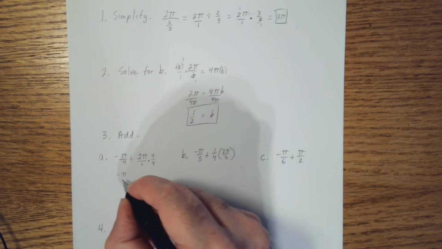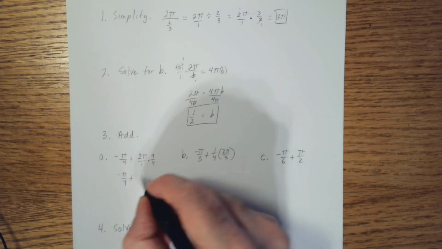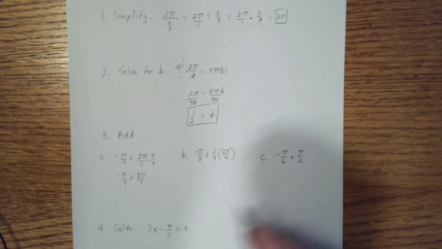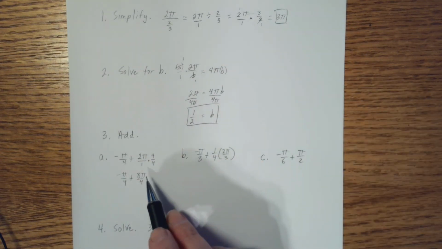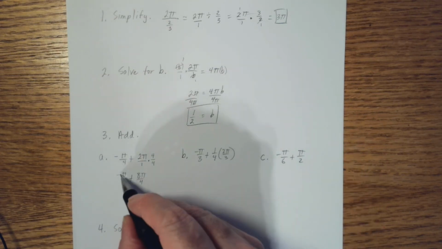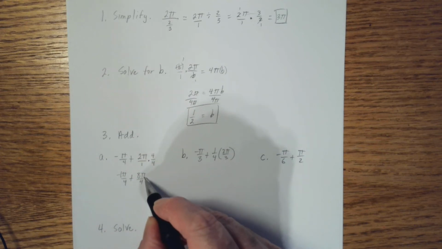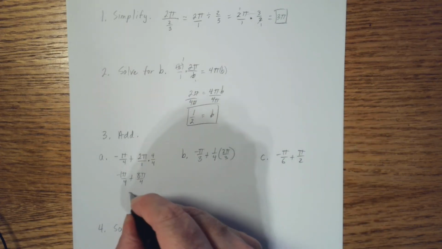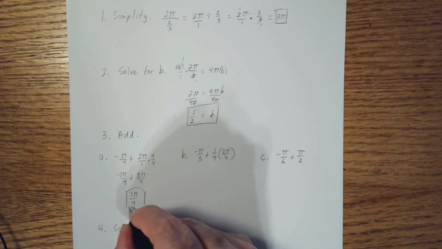This is negative pi over 4 plus 8 pi over 4. Now notice 8 pi over 4 is still 2 pi, but now we have the common denominator, so we can add our numerators. A negative 1 pi and 8 pi is 7 pi. And so you get 7 pi over 4.